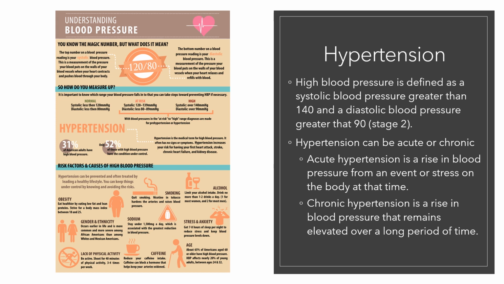So high blood pressure is defined as a systolic blood pressure, the one on the top, that's greater than 140, and a diastolic blood pressure, the one on the bottom, that's greater than 90. It can be acute or chronic, and you're going to hear acute and chronic in your patho class a lot. Acute means when it suddenly happens.